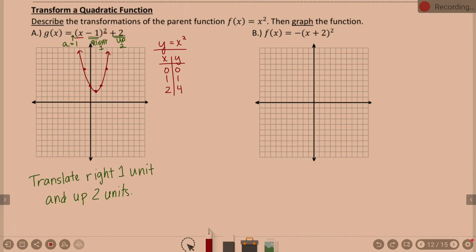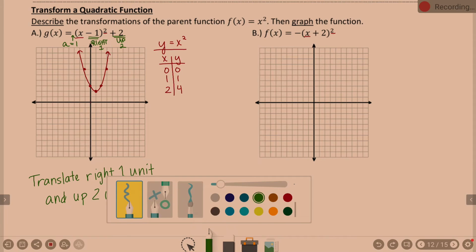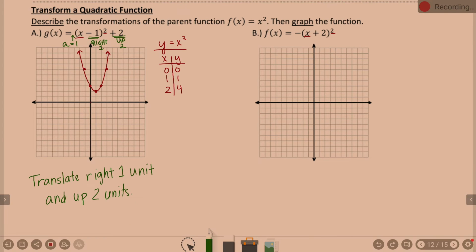You're ready? Let's go to B. Let's add a step here. Notice, is this another quadratic? Well, there's probably one to say, yeah, it's another quadratic. That's what this lesson is all about. But what can we observe here? It's x squared, right? Yeah. That tells me when I see that x and that squared, it's going to be some type of parabola.